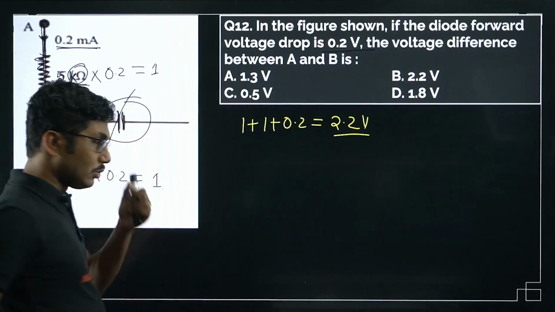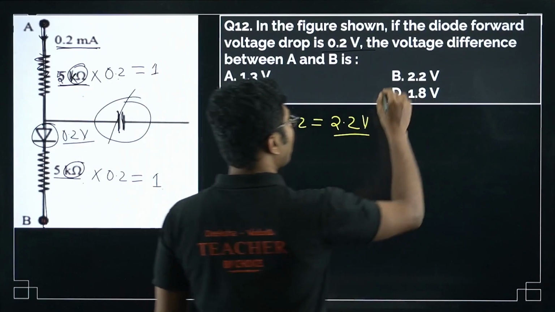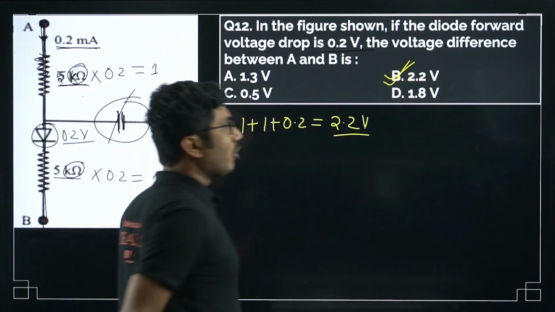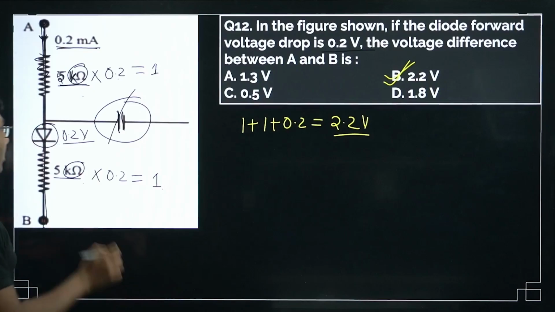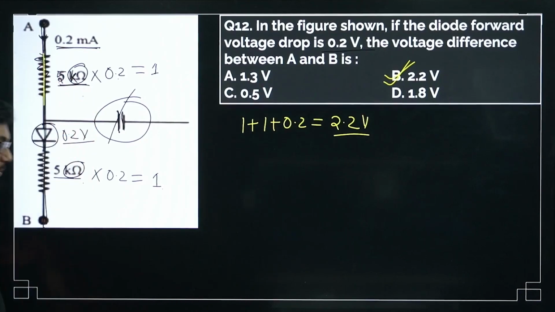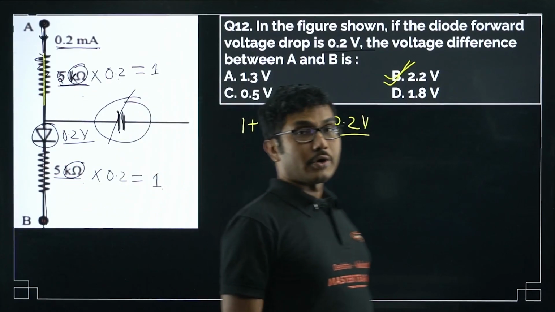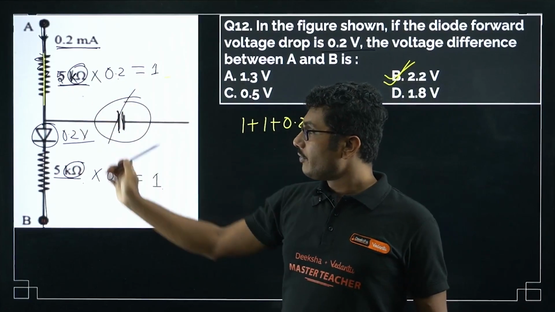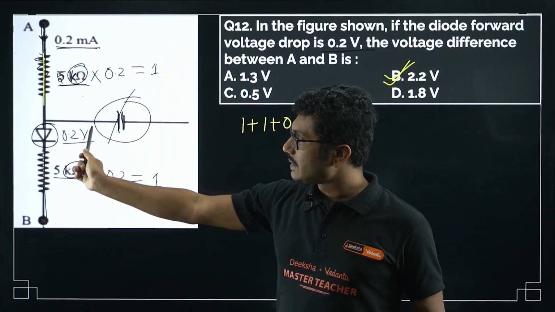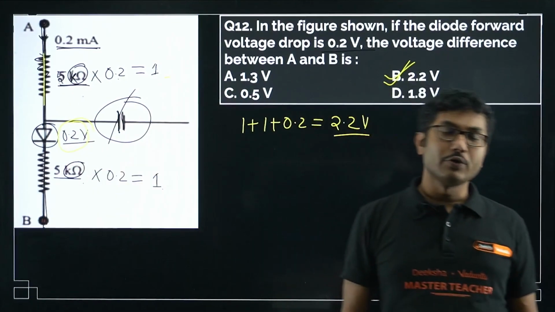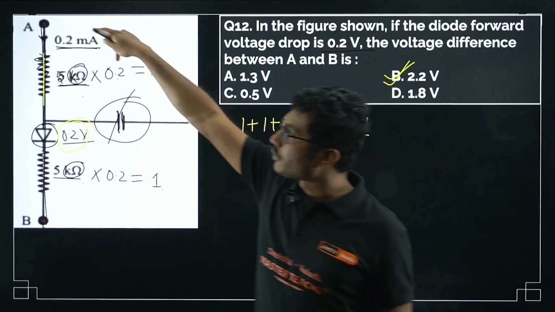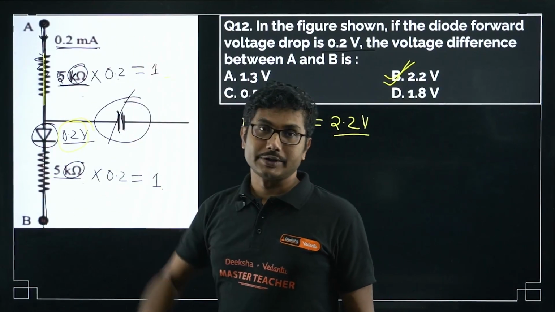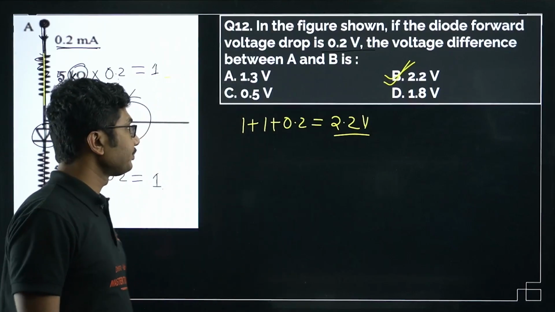Okay, the value will be 2.2 volt, not 1.8 volt or 2 volt only. So basically you have to apply Kirchhoff's voltage law. Okay, V into I plus this direct voltage, which is 0.2 volt, that will give you the total voltage drop across these 2 points. Okay, got it?